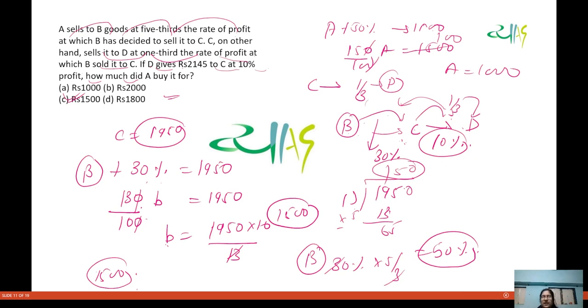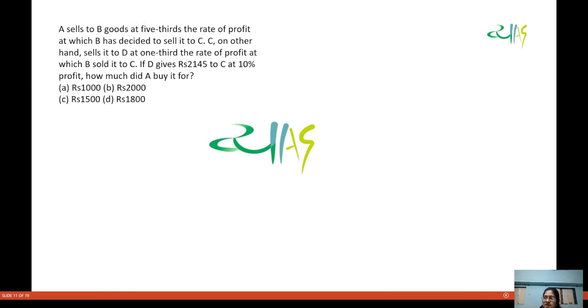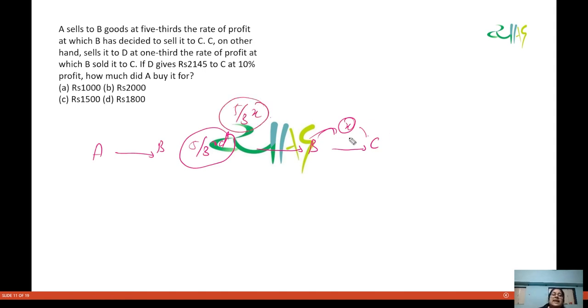So I hope you are clear with what we are doing here. See, the question's language was very convoluted, but the question is simple. It says that A sells it to B at 5/3 the rate of profit at which B sells it to C. So B is taking some profit, let's say X, and 5/3 of that X A is taking.